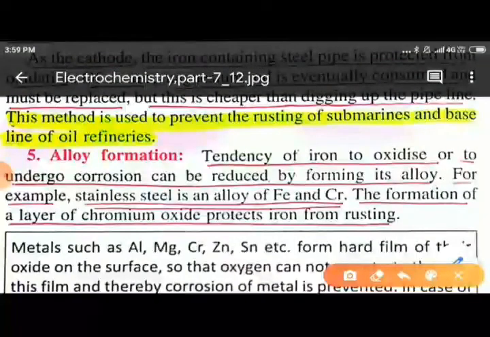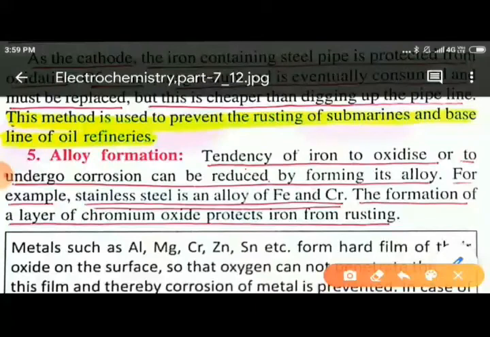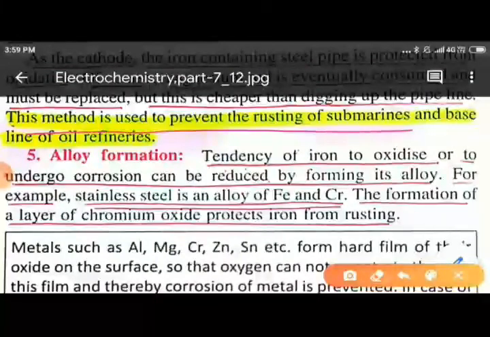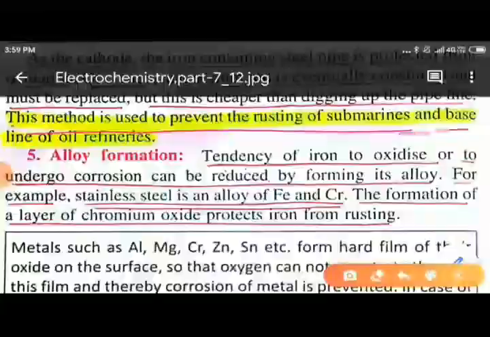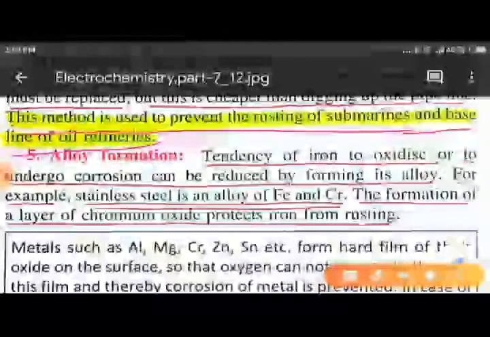So to protect the pipeline in the earth by the more reactive metal, obviously the more reactive metal works as anode and will be consumed, so from time to time the anode should be changed. This method is used to prevent the rusting of submarines and pipelines of oil refineries.